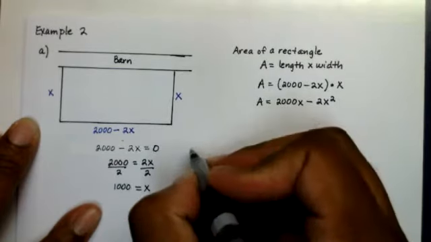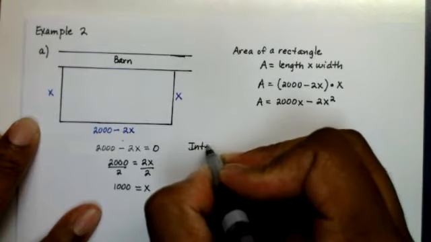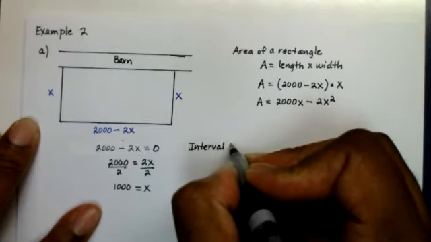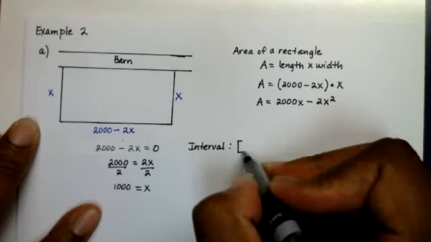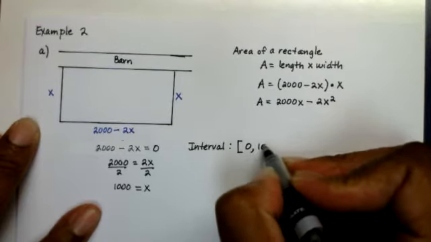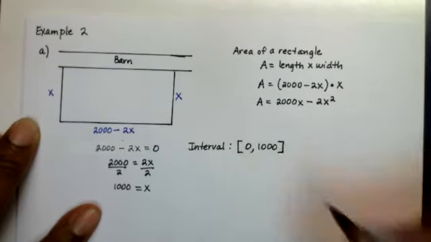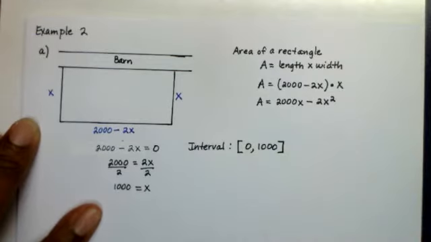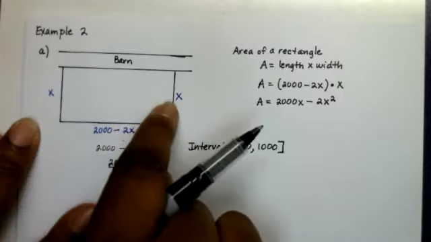So the interval of interest will have to be the closed interval from 0 up to 1000. Okay, because it's okay for these two lengths to be 0 here.